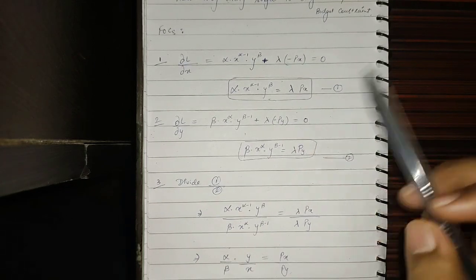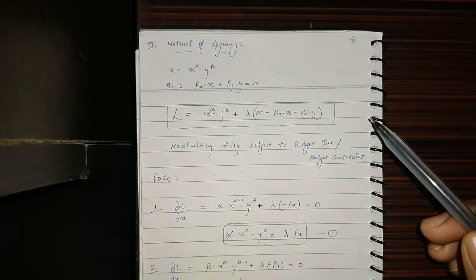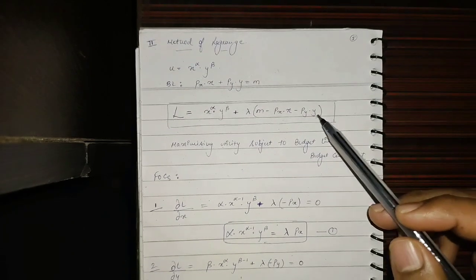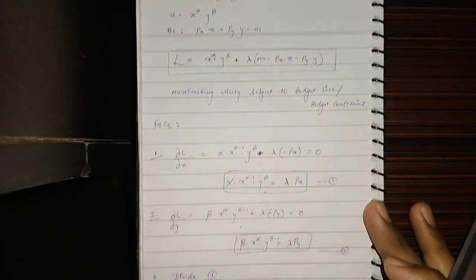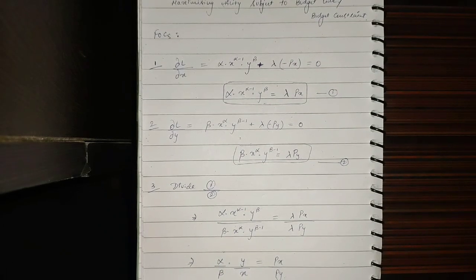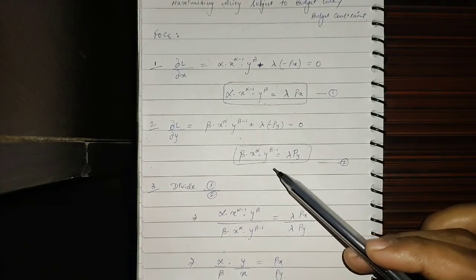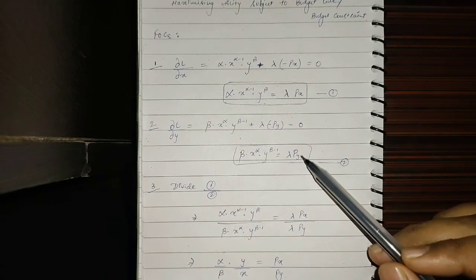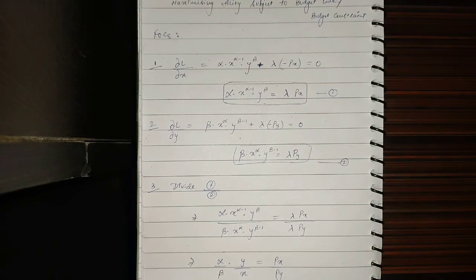This time only py will remain, because in the Lagrangian function only py is with the y term, so we would only be left with minus py and the rest will become 0. So the second first order condition that we get is beta multiplied by x raised to power alpha multiplied by y raised to power beta minus 1 equals lambda py. We have sent it again to the right hand side to get the condition.